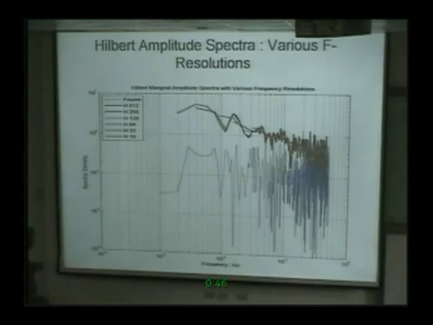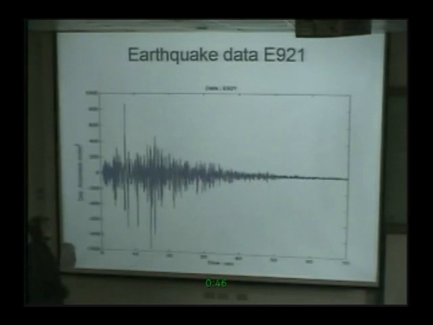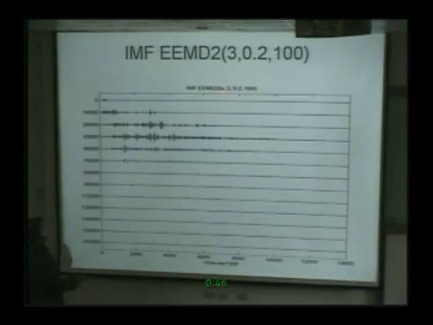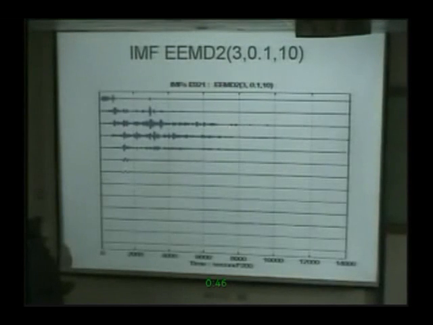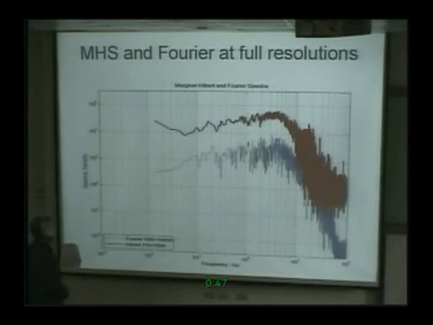And if we use earthquake data, we can decompose it by adding 0.2, adding 0.1, adding not any noise at all. They are all different decompositions. But if you plot the spectrum, say, Fourier with the total data points, you get this.